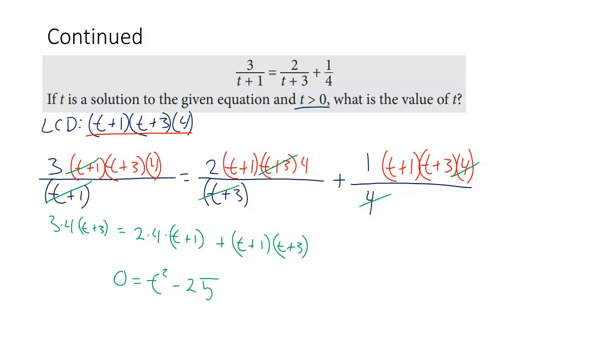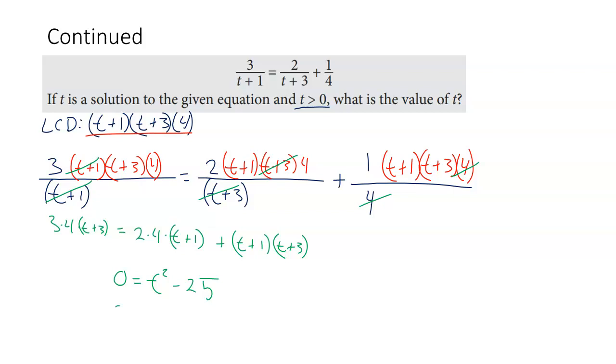When you expand everything and group all your terms to one side, you should end up with t squared minus 25. Now where do I go from there to finish solving? Before I square root, I can move 25 to the other side. Or you can factor, it's a difference of squares. So either way works.